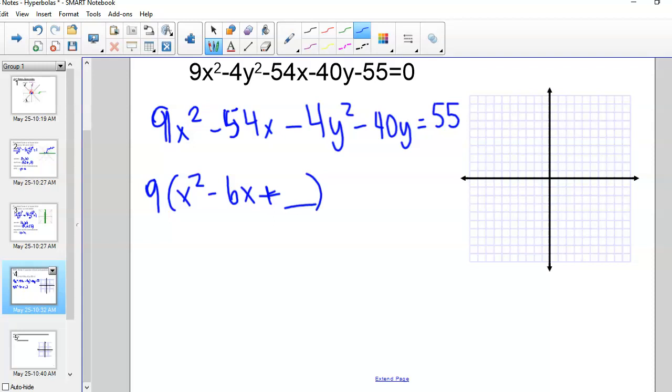So right here, that 4 is negative, so we want to factor out a negative 4. And so when we factor out a negative 4, we're going to have y squared here, and then we're going to do negative 40 divided by negative 4, which is going to give us a positive 10y, and then we're going to put plus blank, and that's going to equal 55.